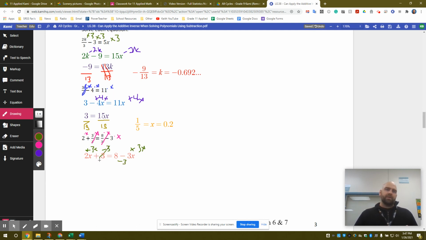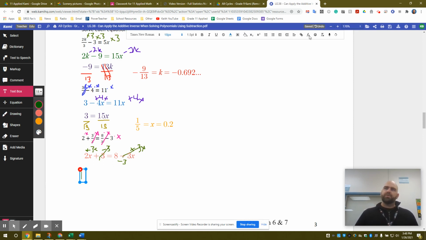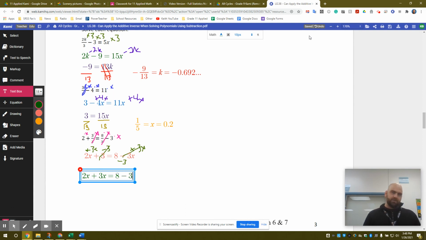Okay, these are going to cancel out, these are going to cancel out, and what we're going to be left with here, we're going to write it out before we actually put everything together. Okay, we have 2x plus 3x is equal to 8 minus 3. So 2x plus 3x is 5x. 8 minus 3 is equal to 5.